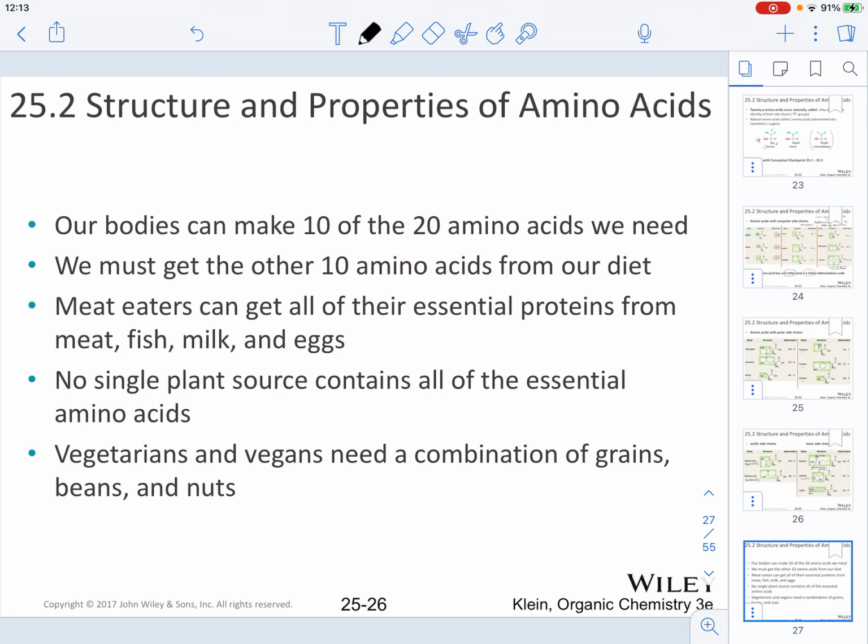When it comes to the amino acids, understand that our bodies can make 10 out of the 20 amino acids. So we need to get the other 10 amino acids from our diets. Any amino acid that needs to be obtained from our diet is known as an essential amino acid.